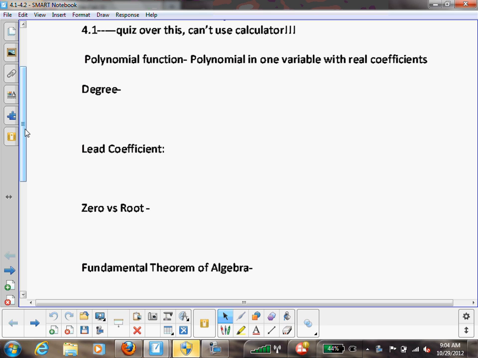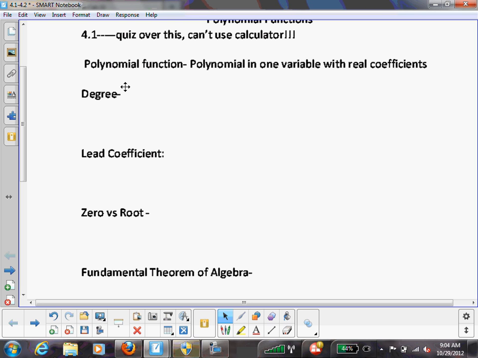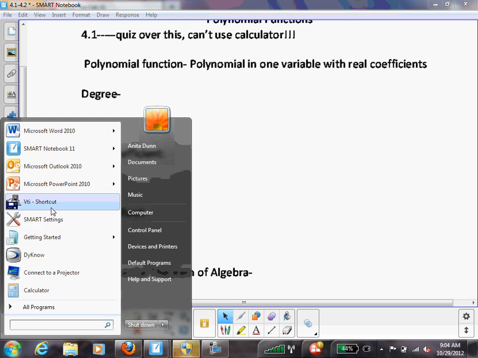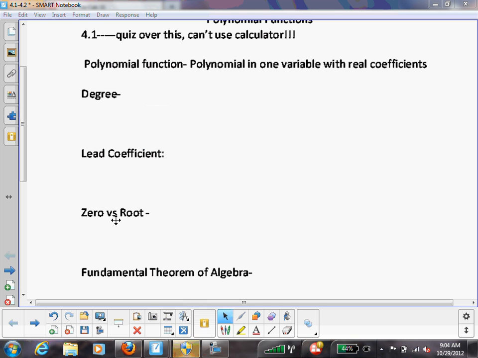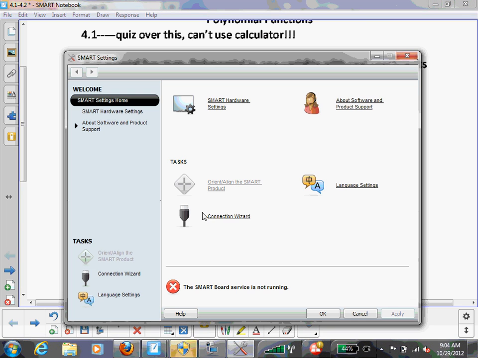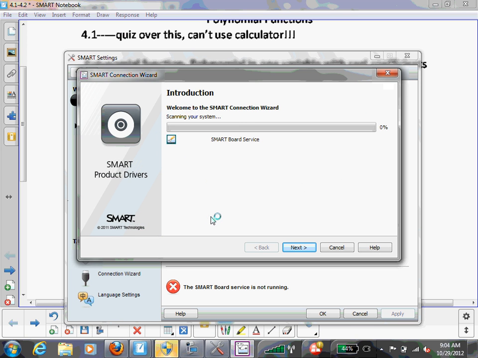Well, we've kind of discussed this, and you talked about it last year. How do you determine the degree of your polynomial? It's the highest exponent, right? So your degree is determined by the highest exponent.